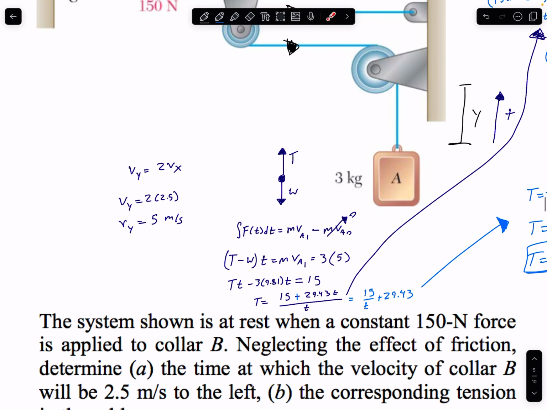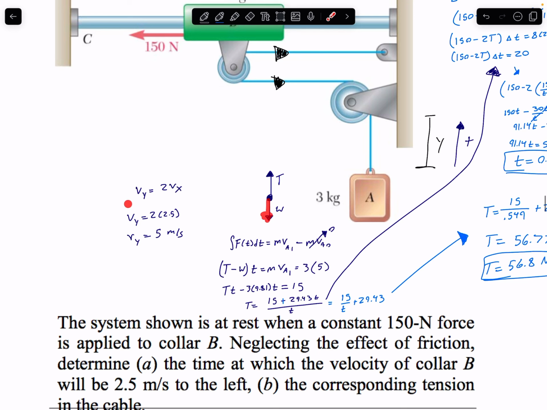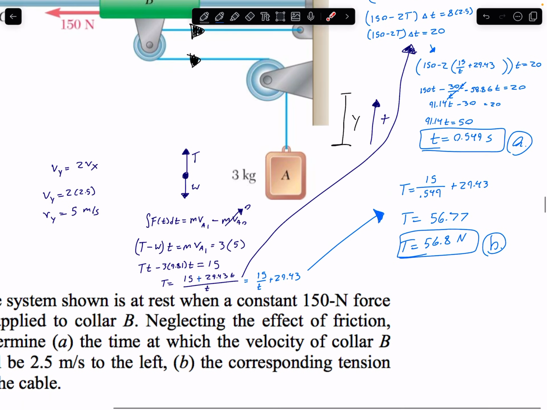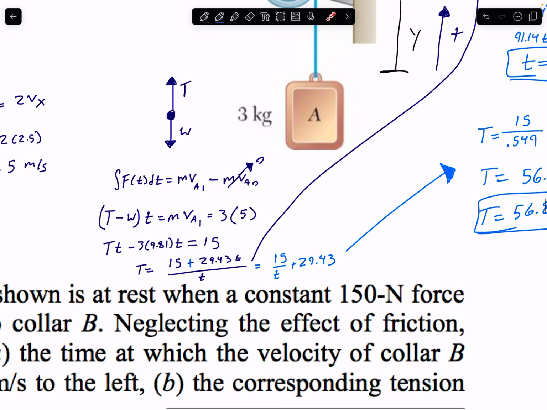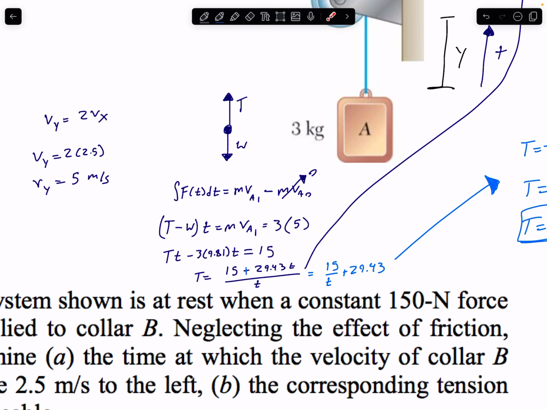But we can use block A here, the 3 kilogram block, with only one tension up and weight down. We know that the relation is Vy equals 2Vx, which means that Vy is moving at 5 meters per second. Use the same thing, initially at rest, so initial momentum equals 0, and T minus W, which is the sum of forces there, times the time is equal to m vA1, which is 3 kilograms times 5 meters per second.